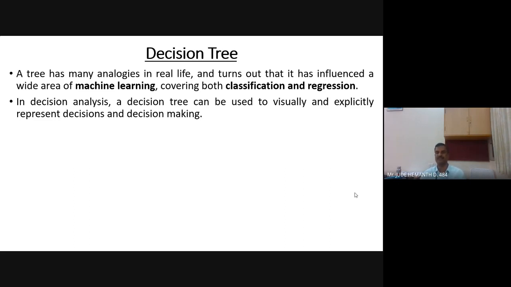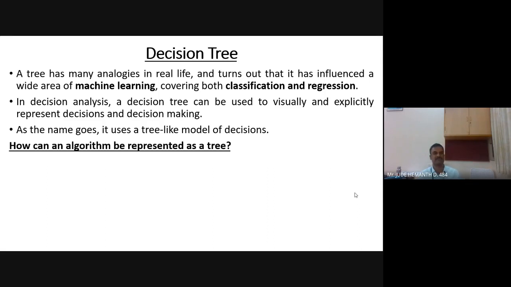Say, for example, neural networks, we call it as a black box because we do not know what's the process going on internally. But when you go for a decision tree machine learning approach, you can see visually because the tree branching structures can be seen visually, and your decision making process also is much more easier. As the name goes, it uses a tree like model for decision making, right? Whether it is classification or regression.